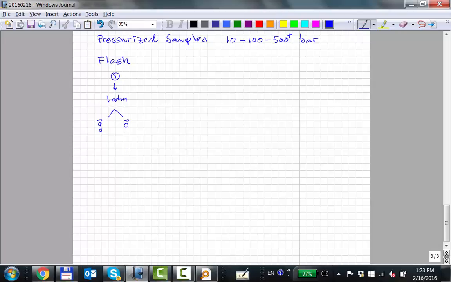These atmospheric samples are then sent individually into the chromatograph: the gas by itself, and then the oil. We do 2 things with this flashed oil. We send it into a slightly different gas chromatograph, 1 and 2.